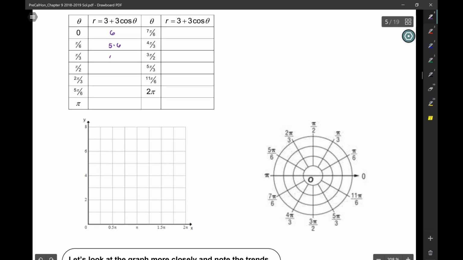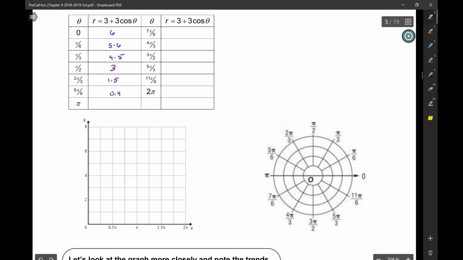Pi over 3, 4.5. Cosine of pi over 2 is 0, so that's just 3. 2 pi over 3 is 1.5. 5 pi over 6 is 0.4. Now, cosine of pi, what's cosine of pi?